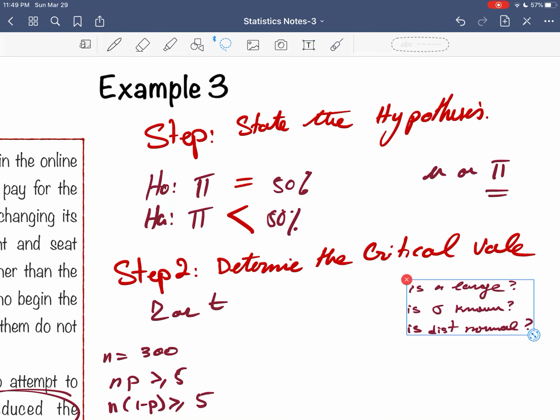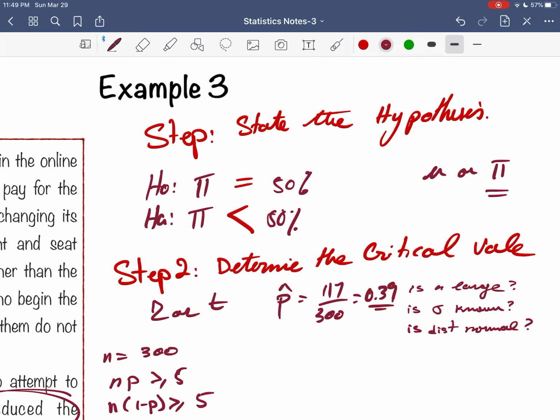So for us, P is going to be 117 divided by 300. In this case, 0.39. And so 300 times 0.39, is it greater than 5? Yes, it is. 300 times 61%, is it greater than 5? Yes, it is. So therefore, we have a large sample size, so therefore we can use Z.